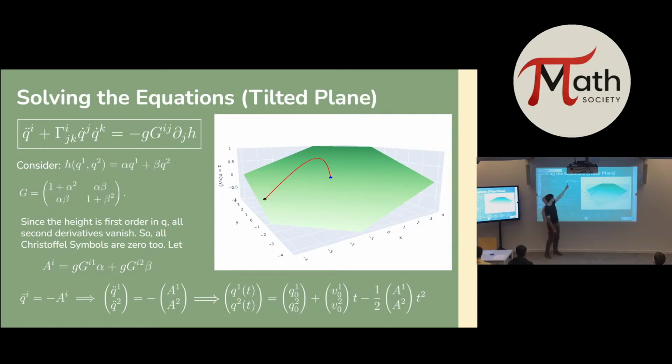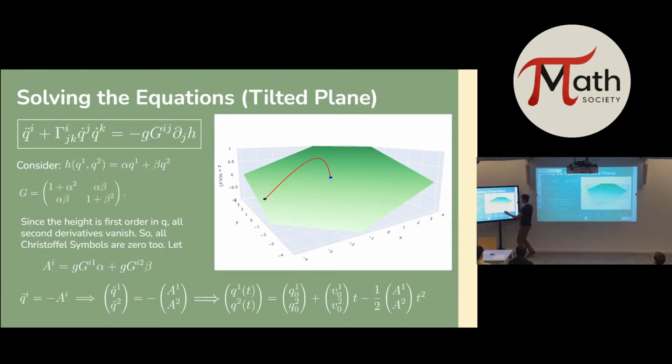But this one, we're not as lucky, but we do know that H is first order here, and when doing some expansion, we get out that the acceleration is equal to some constant vector A, and it's given by this. If we expand it out, we now see the acceleration on the ball is equal to some constant vector according to the curvature of our surface.